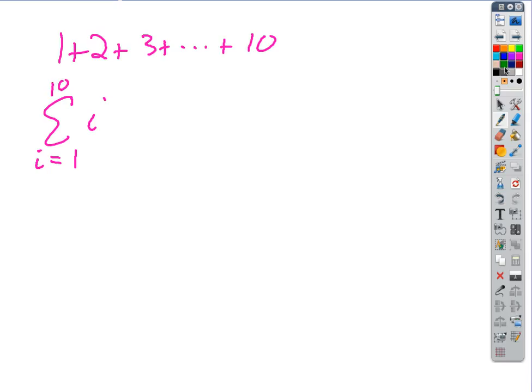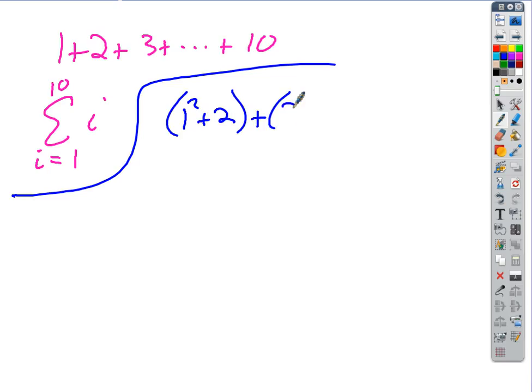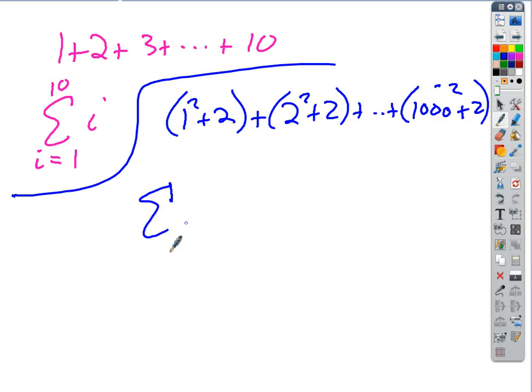How would I do this? How about if I have the sum of 1 squared plus 2, plus 2 squared plus 2, plus, up to 1,000 squared plus 2. So sigma i, of what?